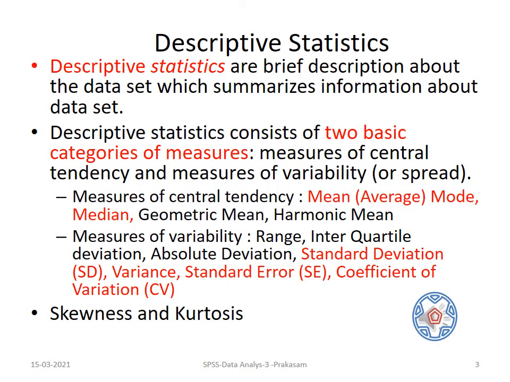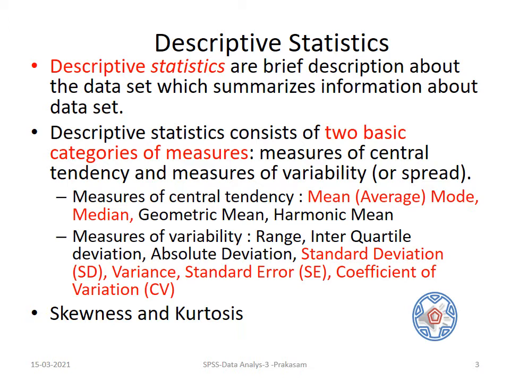The question arises here: what is descriptive statistics? Descriptive statistics is defined as a brief description of the data set which summarizes the information about the entire data set. Suppose you have 100 integers; if you want to represent them in a unique way, you can describe them in a summarized way by using descriptive statistics.